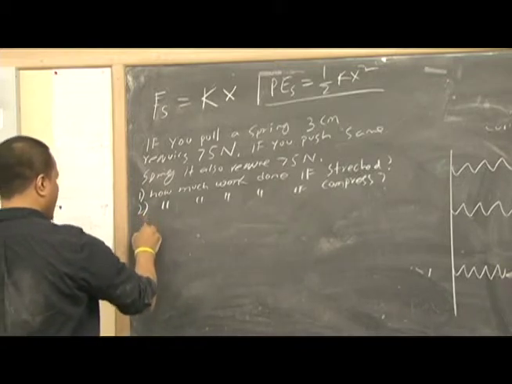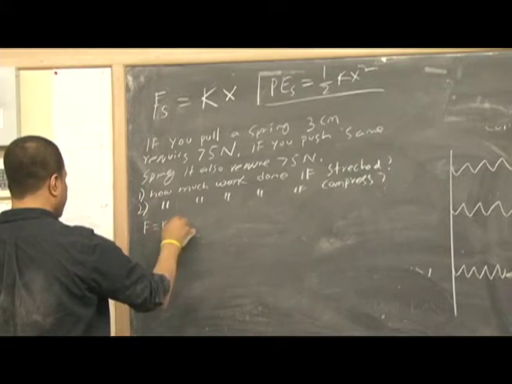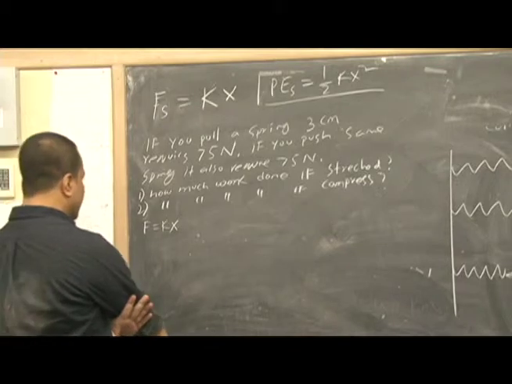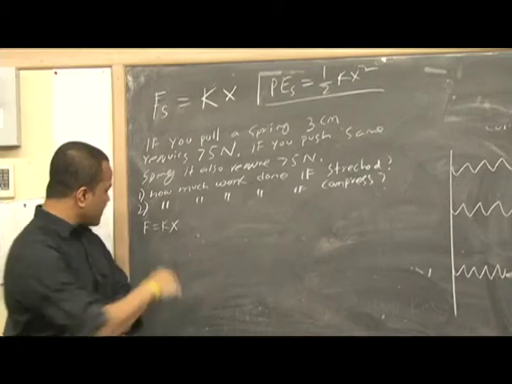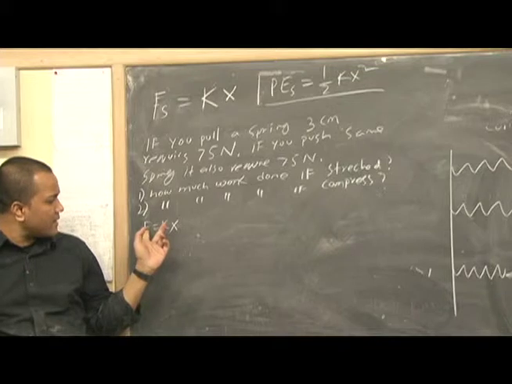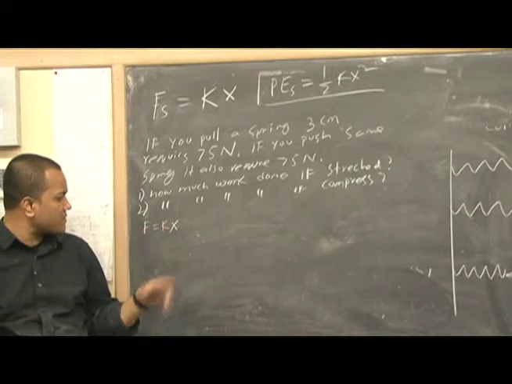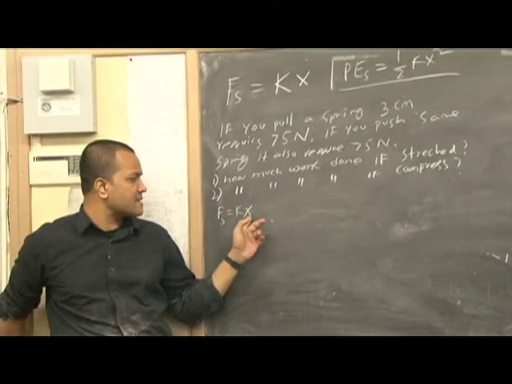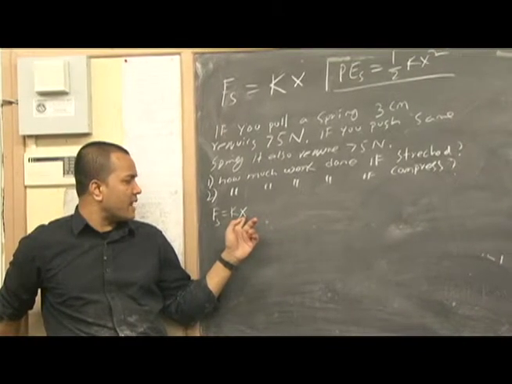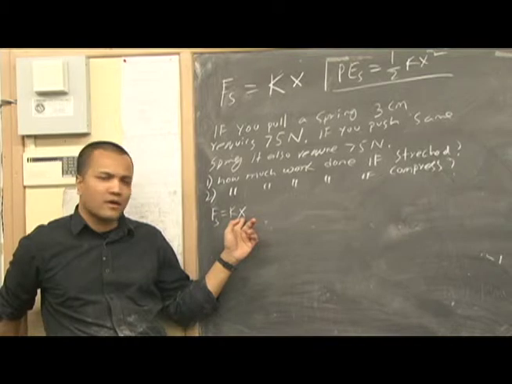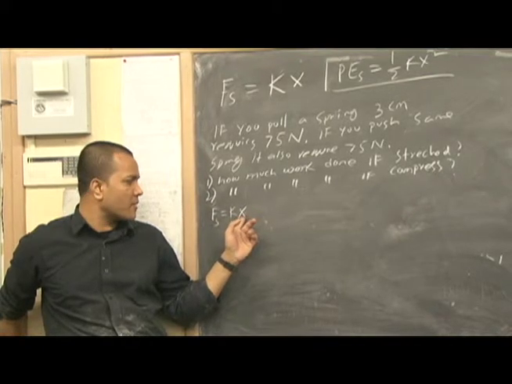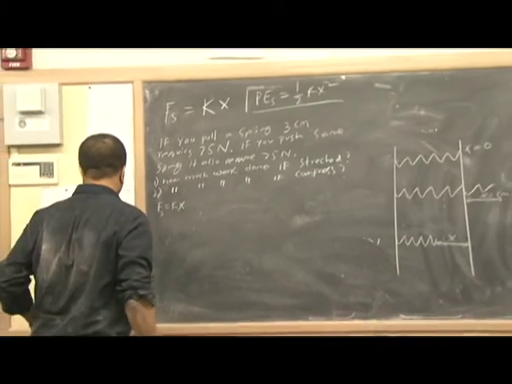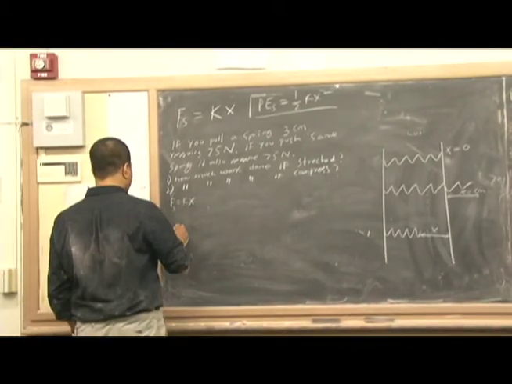We know that F is kx. We know that the force of a spring is just kx, and k is constant, and x is the length of a stretch or compress. Okay, we got that right. Now we know that it holds at each point enclosed.